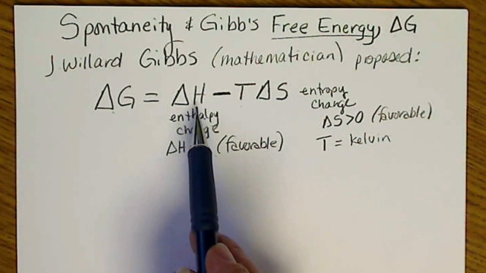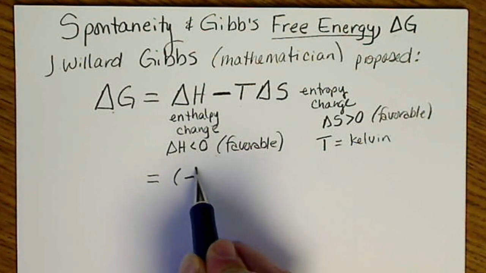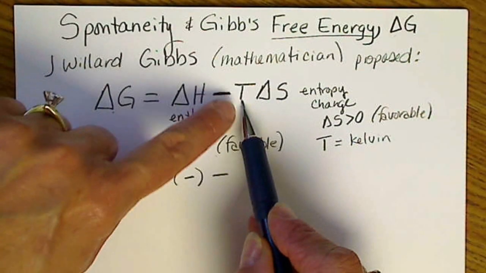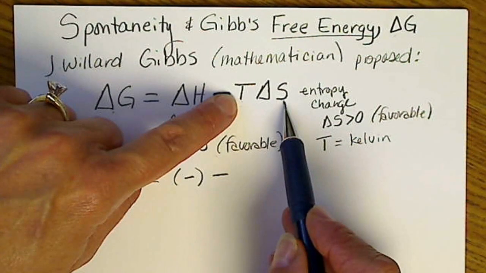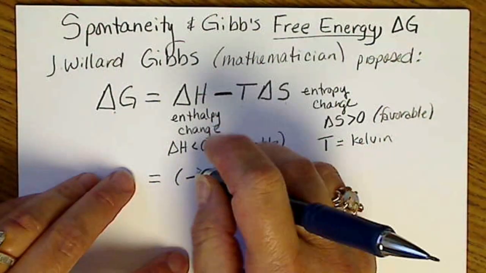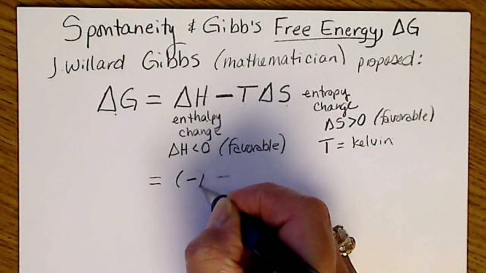If delta H is negative, then we've got a negative sign here, so a negative number minus, and then T has to be positive. If the entropy change is positive, so we have a value here.